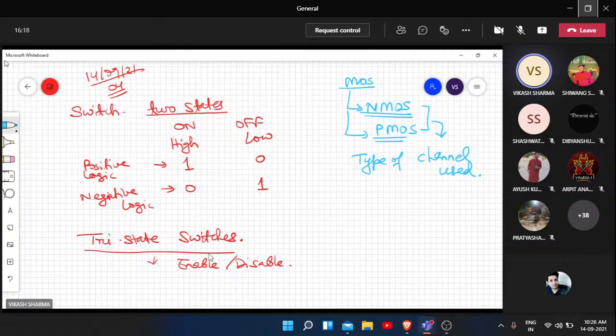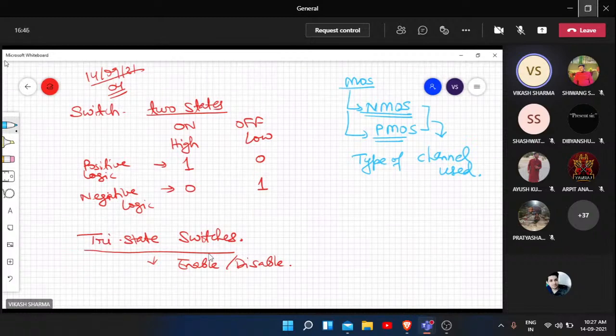If I'm using N-type channel, I will say that it is NMOS. If I'm using P-type channel, then I will say that it is PMOS. Already in the first semester basic electronics you have the basic idea, and then Lal sir will talk about this MOS structure in detail when he will teach you the MOS after the transistors.